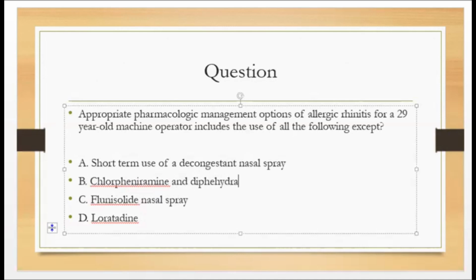This question is a common question, but it's so easy to fail. For the elderly that is one thing, but for this person, the buzzword was machine operator.